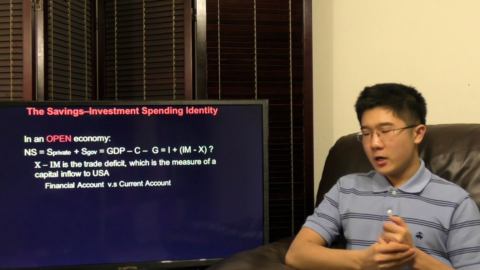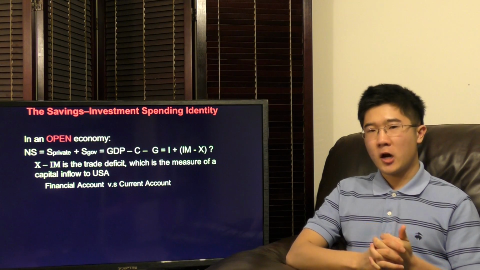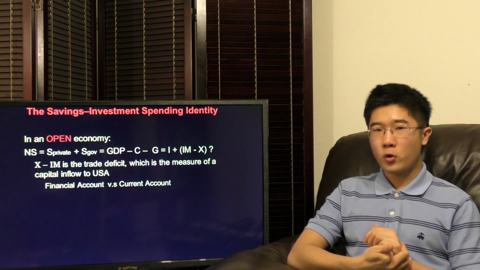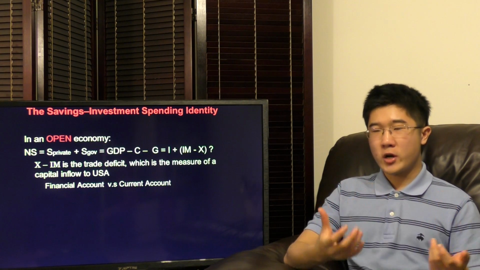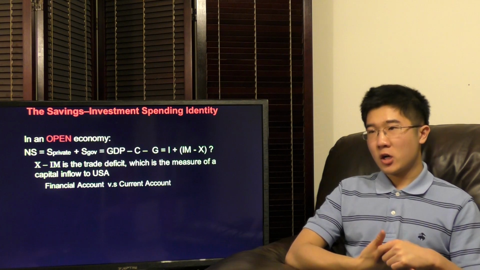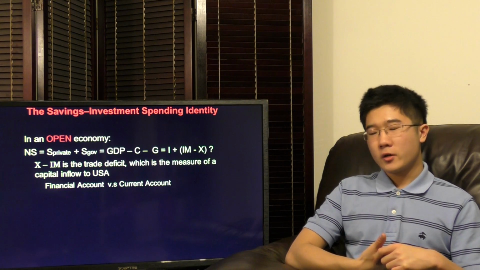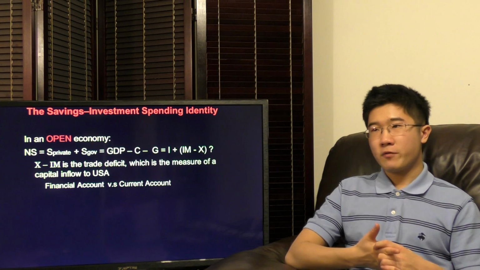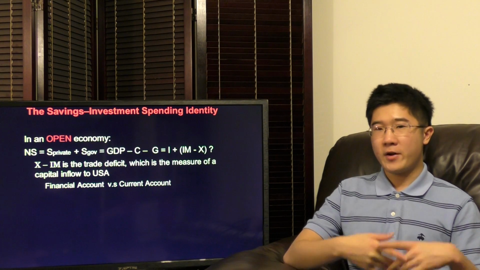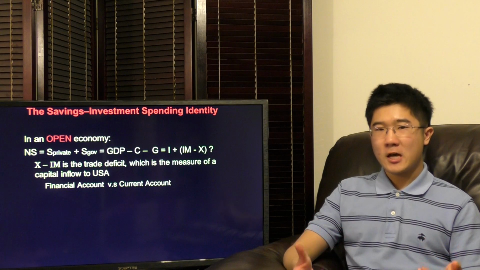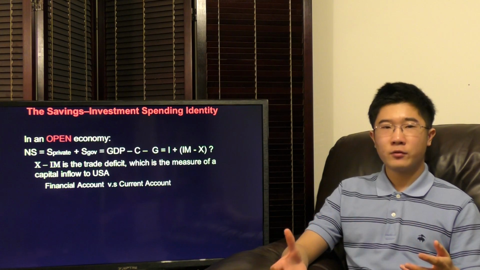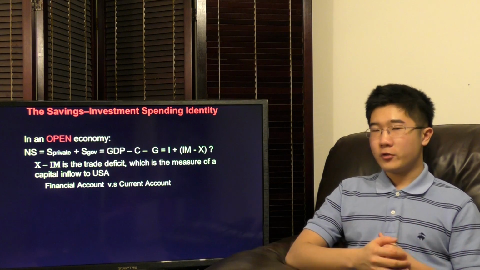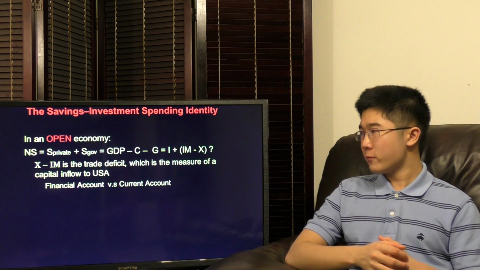Well, the reason is that we have two accounts in our economy, our financial account and our current account. Our current account is basically our foreign trade, or trade deficit. A trade deficit is always the inverse of our financial account surplus. So basically, a trade deficit equals a financial account surplus. Our financial account is our total inflows and outflows of financial capital, or savings, to and from foreign countries.